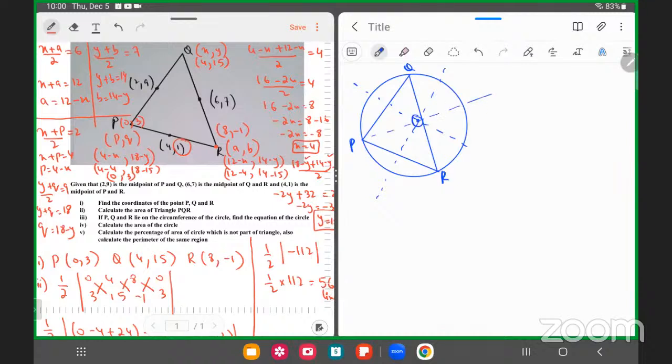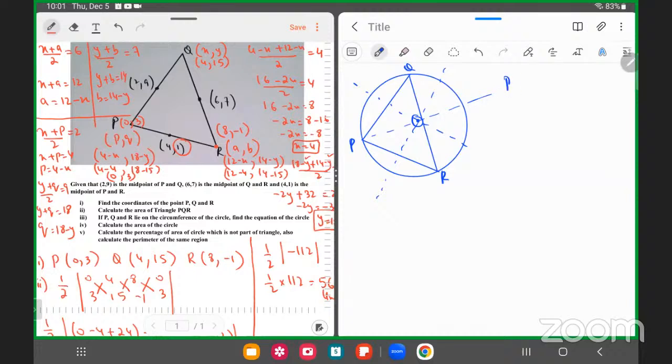If 3 points lie on the circumference of the circle, the point of intersection of their perpendicular bisectors is the center of the circle.